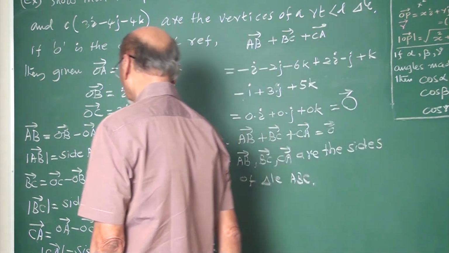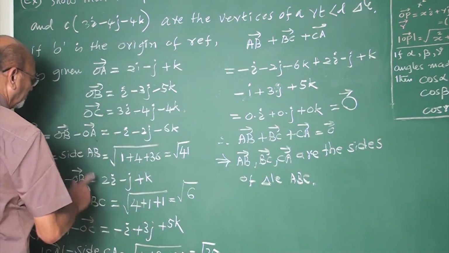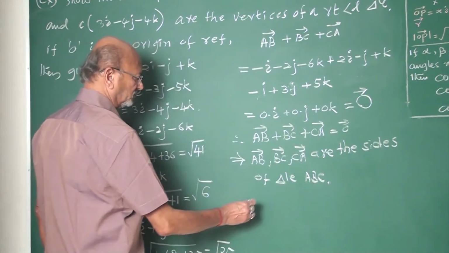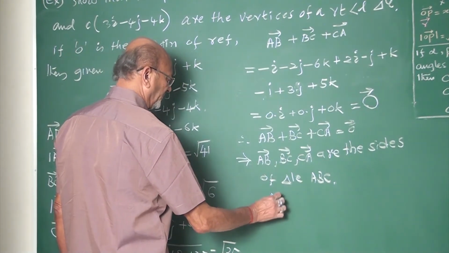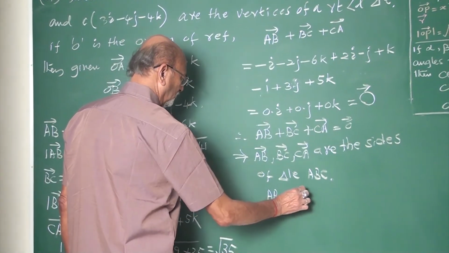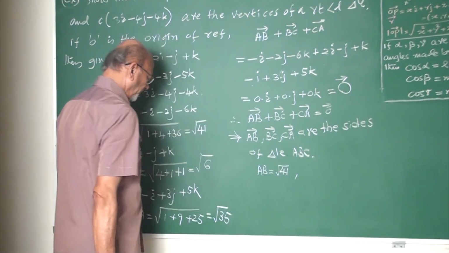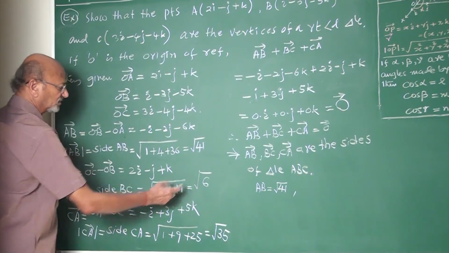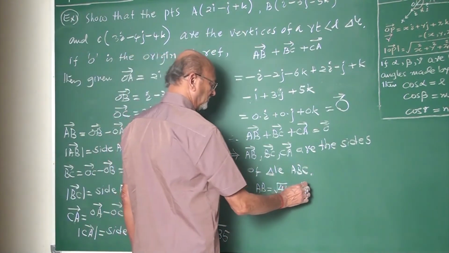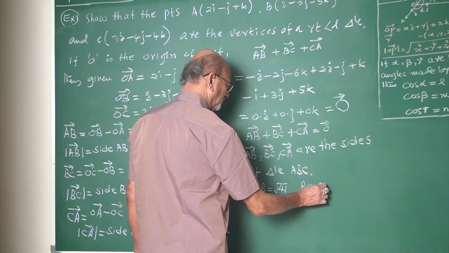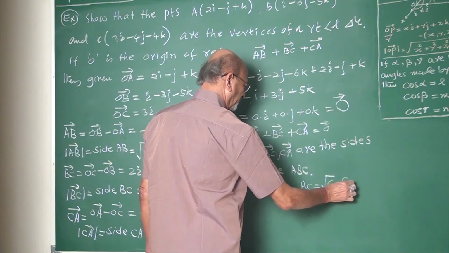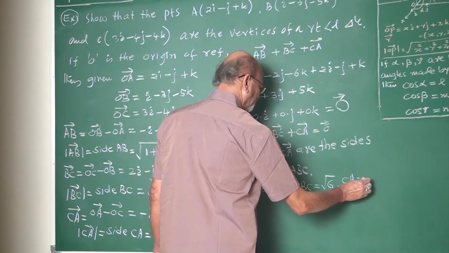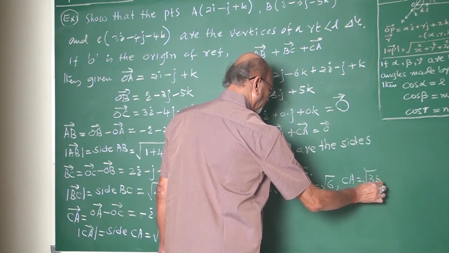See, my friend, side AB is root 41, side BC is root 6, and side CA is root 35.